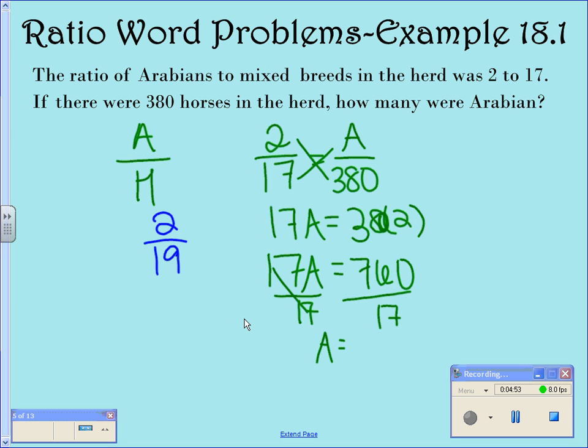You can do it that way. Arabians to the mixed breed. That's what she just said. She did, yeah, Arabians, mixed breeds. Does that make sense?